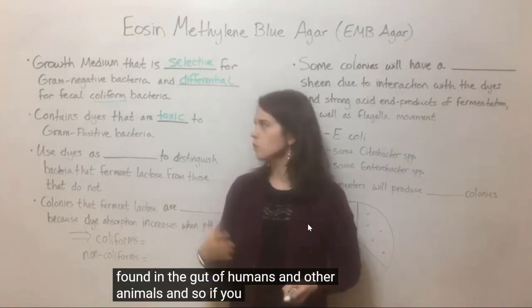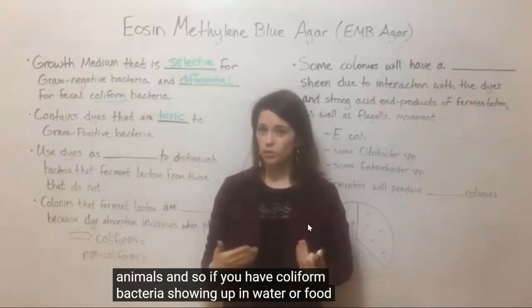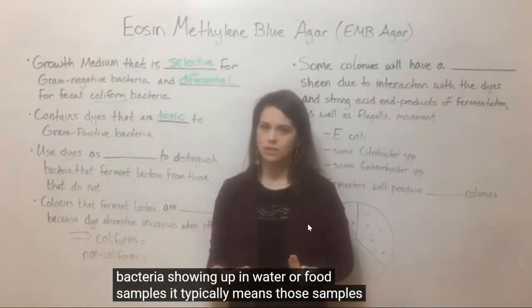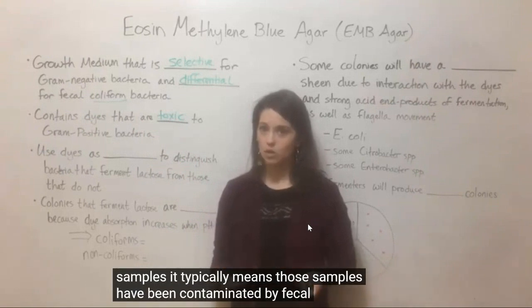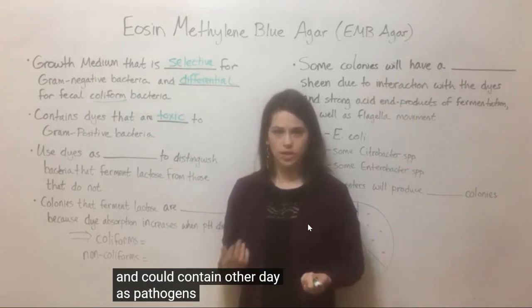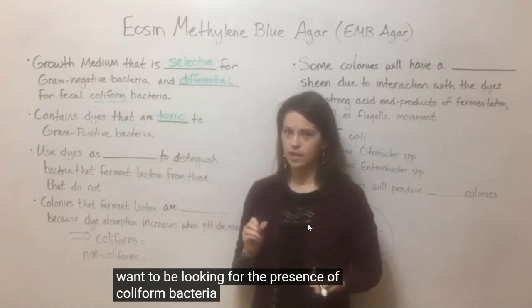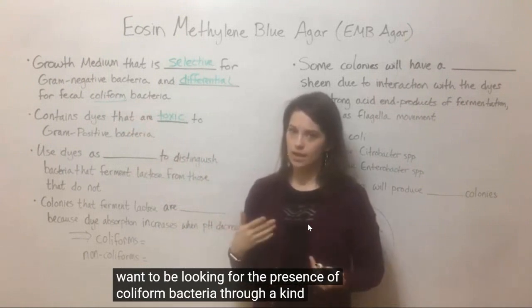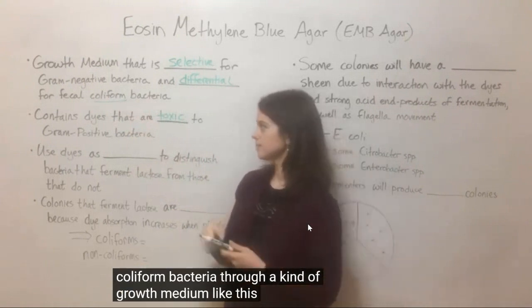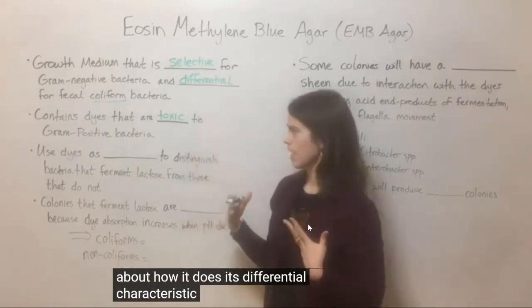So if you have coliform bacteria showing up in water or food samples, it typically means those samples have been contaminated by fecal matter and could contain other dangerous pathogens. That's why you might want to look for coliform bacteria through a growth medium like this. So let's talk about how it does its differential characteristic.